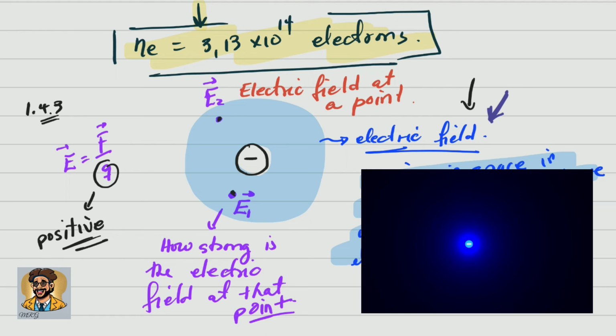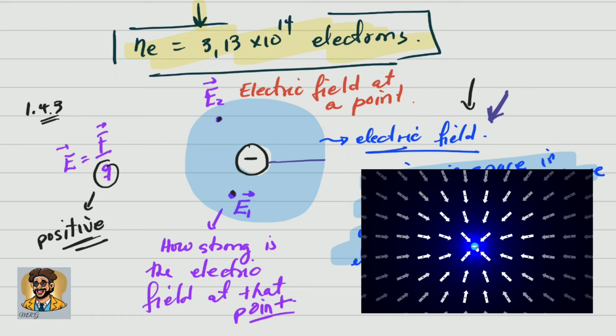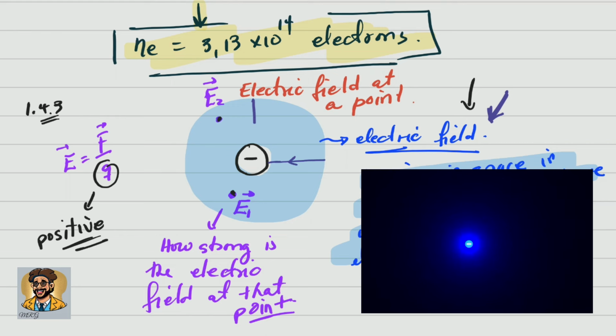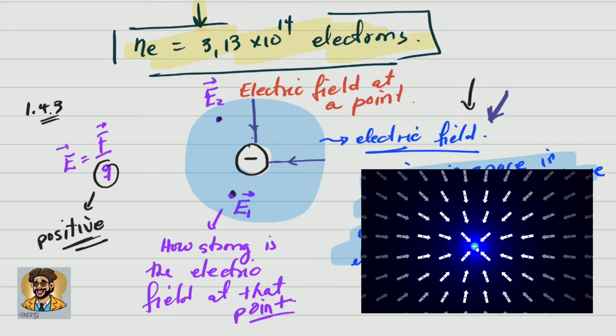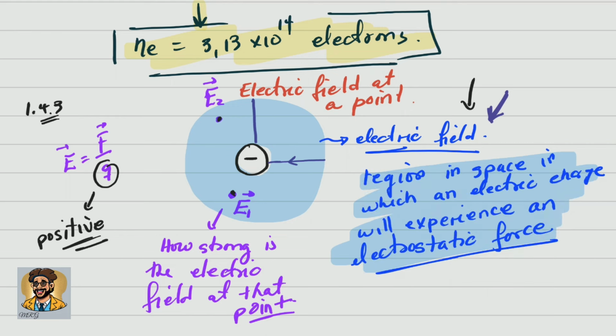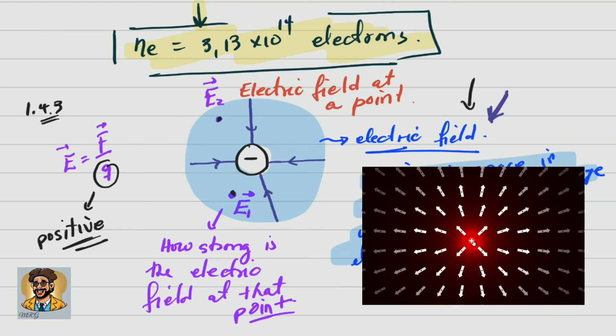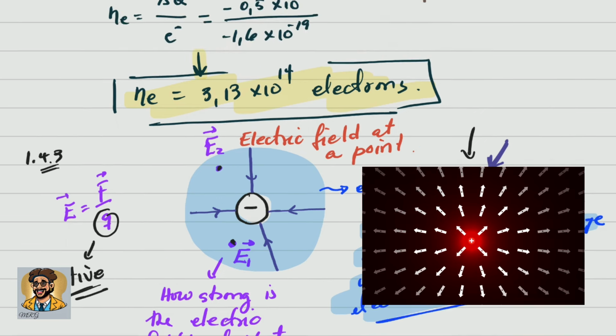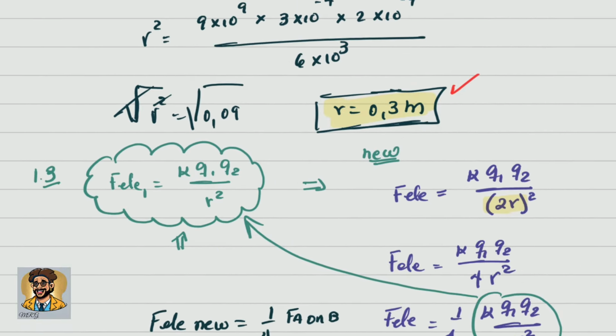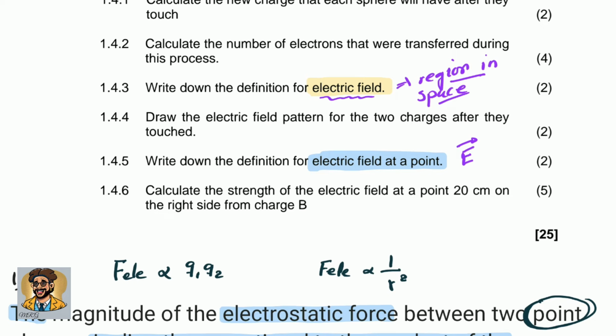If it's a negative charge, you know that electric field will be represented with lines pointing towards the charge. Okay, so this is how we represent electric field. We represent it with lines, we do not represent it with that blue cloud there. And that will be question 1.4.4, if I'm not mistaken, guys. Yes, draw the electric field pattern for the two charges after they touch.